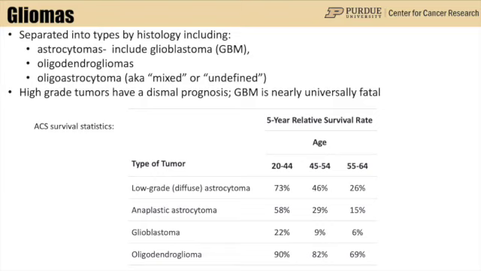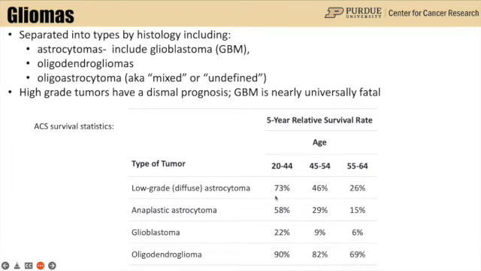Glioblastoma itself, again a grade 4 astrocytoma, is nearly universally fatal. Here I have a table of some of the American Cancer Society's survival statistics, and you can see that the statistics for these diseases are not good.